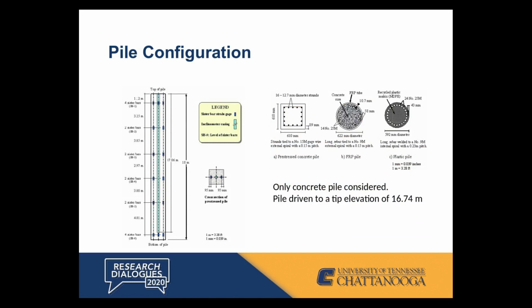You can see the pile configuration. The pile was fully instrumented from top to bottom, although in this study we concentrated principally on what was going on at the pile head. The pile is 18 meters long and 610 millimeters square, or 20 inches, and it has standard prestress strands and all that.